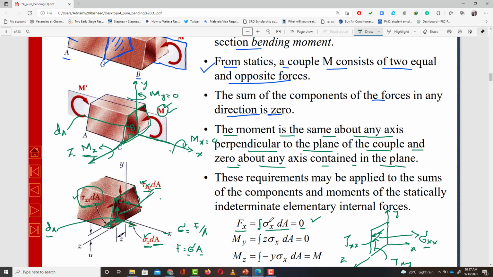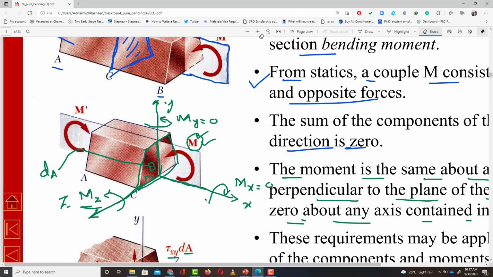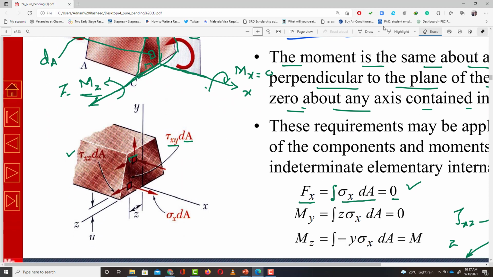Yes. Okay. I will erase some things so that you can fully understand the concept. If I zoom in again like that, you can see that this was the differential area dA, and it is at a distance of z from the origin, and similarly this differential area is also at a distance of y from this base.